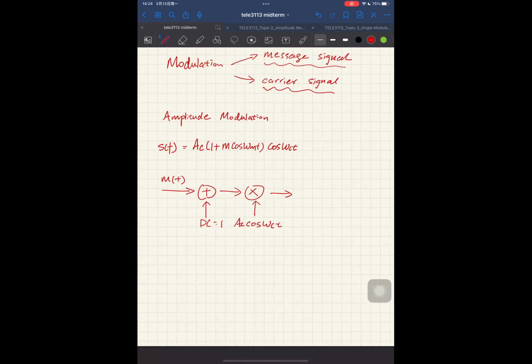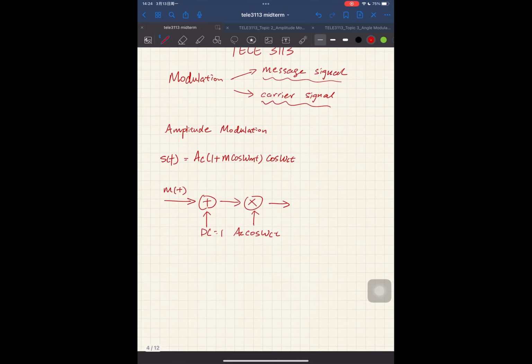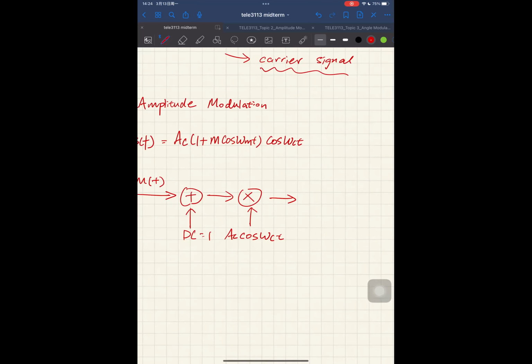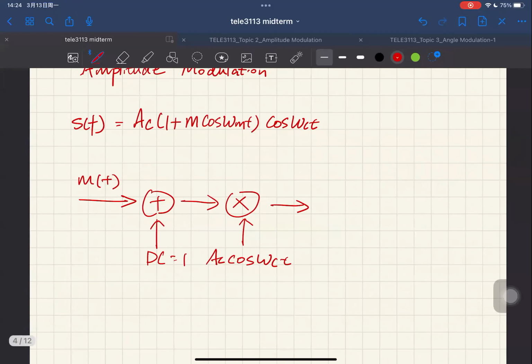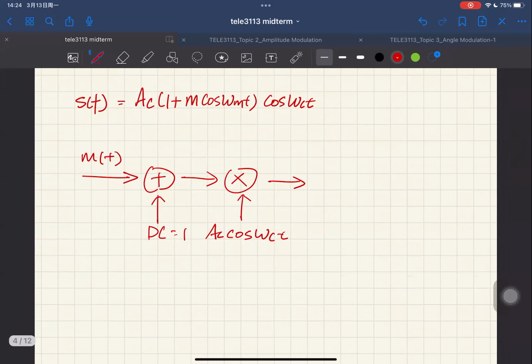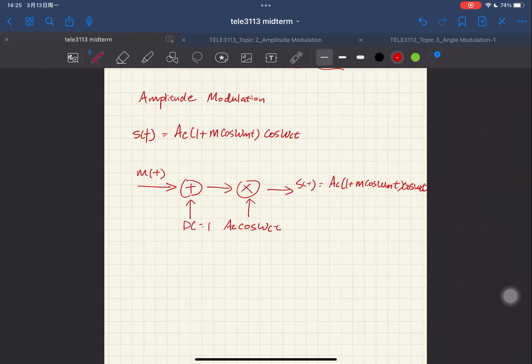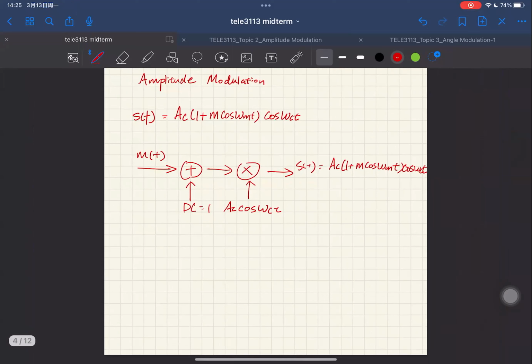Maybe they can't see it. Oh yeah, sorry. Turn it maybe horizontal. And then you get s(t), which equals A_c times (1 plus m cos omega_m t) cos omega_c t. So what does the amplitude modulated signal look like?